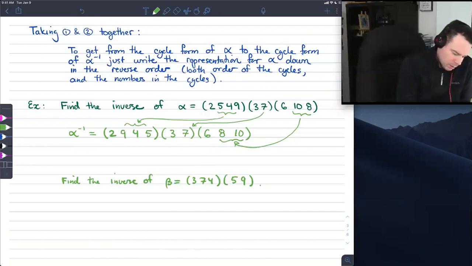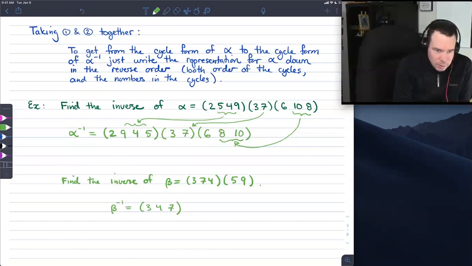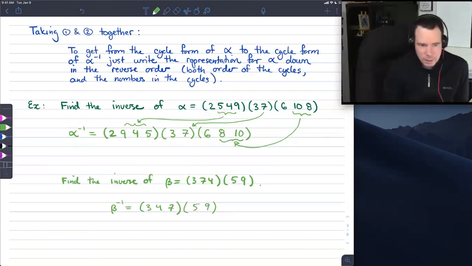Yep, looks like we're getting some results in. So beta inverse is 347, and I'm just reading it off the chat, exactly, 5, 9. So we got our inverses. The thing to keep in mind is that whatever the cycle structure is for the permutation, the inverse has the same cycle structure.